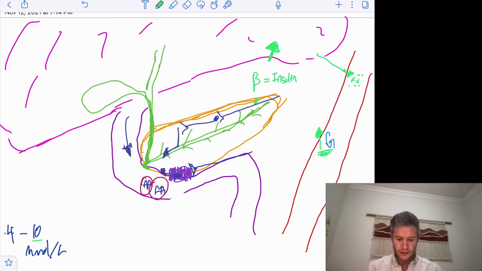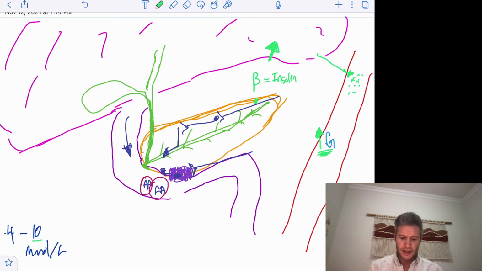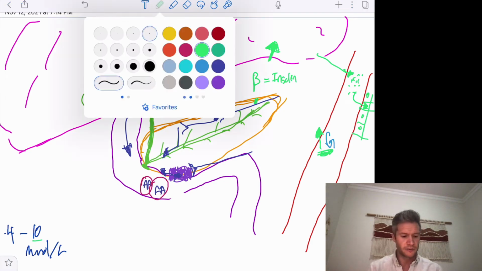The way I think about this is insulin encourages cells to bring glucose in. Insulin, glucose in. So if we have some cells here, it's going to encourage glucose to go into the cells, and therefore the effect will be bringing glucose levels down, back within the homeostatic range.